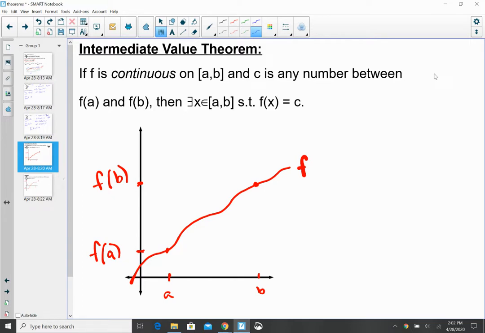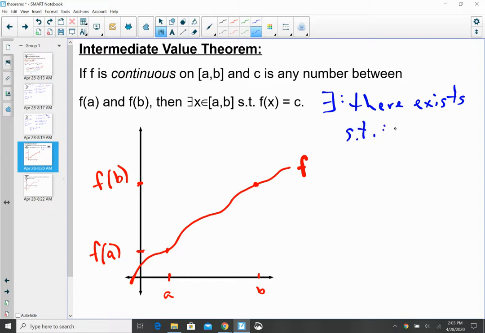And it says if f is continuous on an interval from a to b, and C is any number between f of A and f of B, then there exists an x value in the interval from A to B such that f of x equals C. The upside down or backwards E means there exists a value of x in the interval from A to B. ST is such that, that's how lazy us math people are.